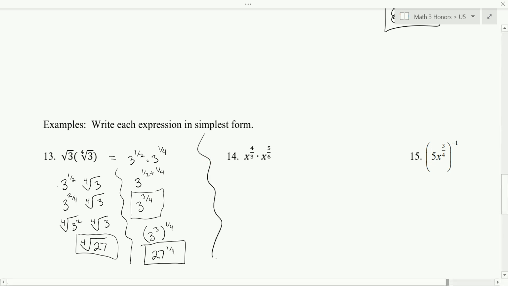So on 14, I want you to get an answer in one in radical form, one in fractional exponent form.